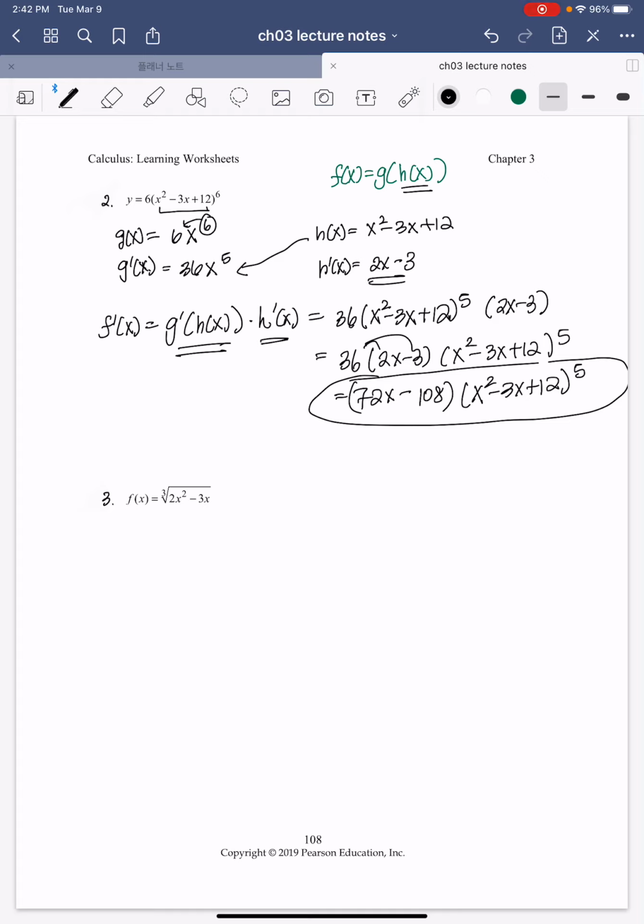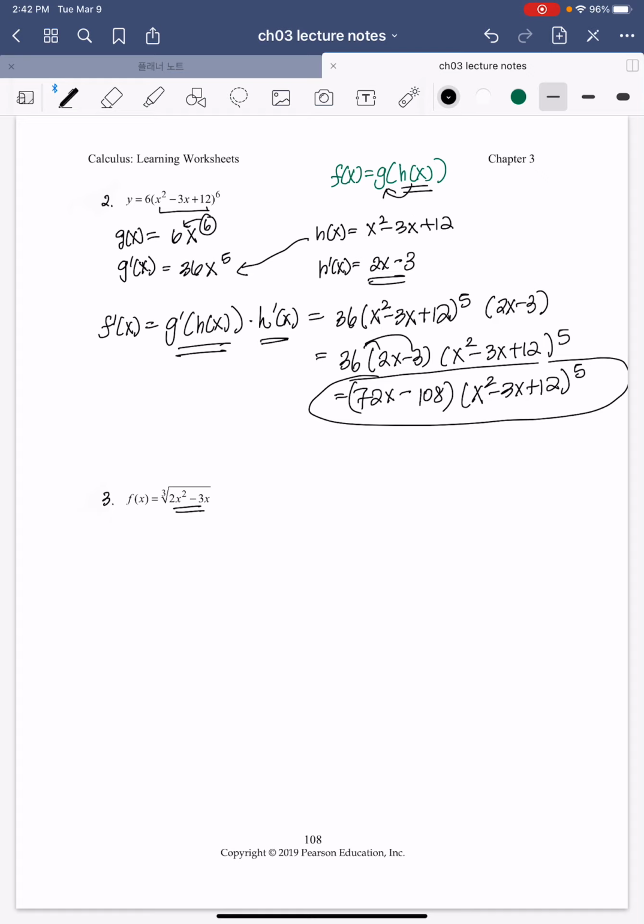All right, let's do a couple more. Now take a look at number 3. Number 3 does not have parentheses, but you can see that there's also an inner function: this 2x squared minus 3x got put underneath the cube root. So h is put into the g function.